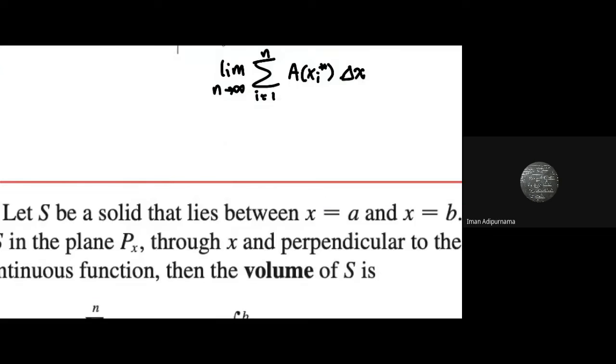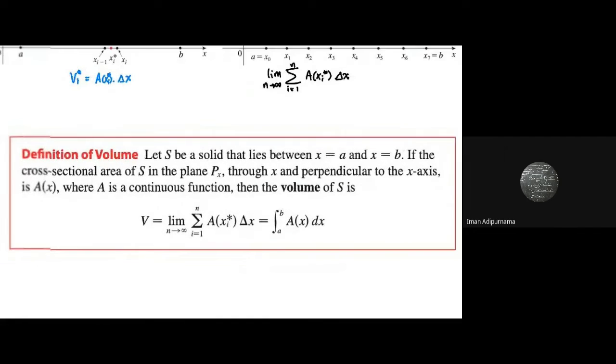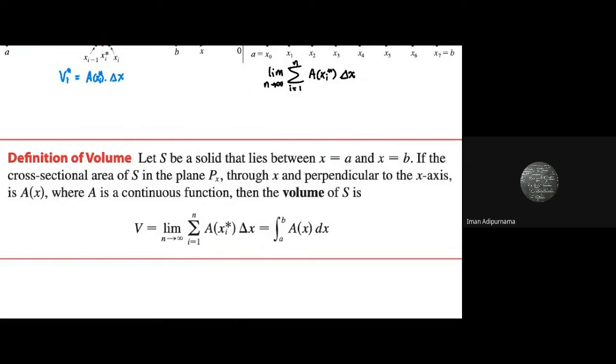That is, if we have a solid S between a and b, and the cross section of that S in the plane Px, perpendicular to the x-axis, is A, where A is a continuous function.